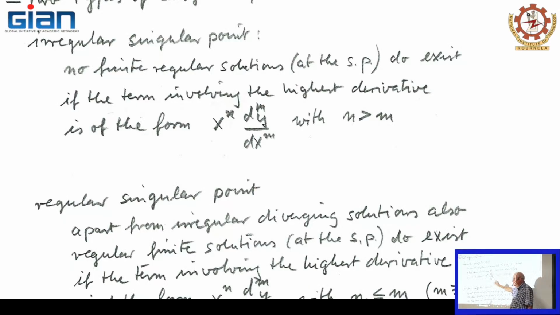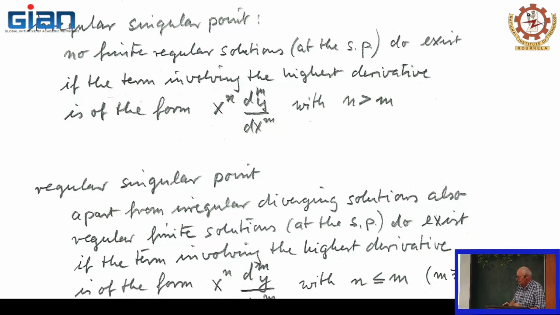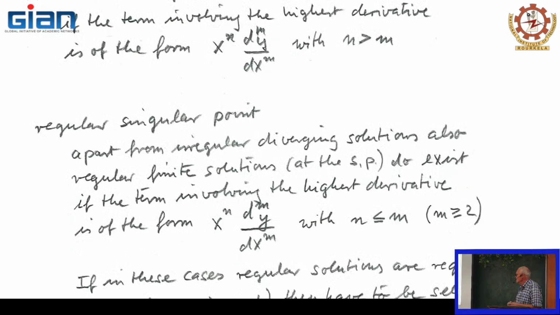If n is smaller than or equal to m, then we have a regular singular point, and we may expect that some of the solutions will be regular. Okay, that's what I said just before. So let's consider now an example. These regular singular points are those where x^n times d^m y by dx^m has n smaller than m. Of course, m has to be bigger than 2.